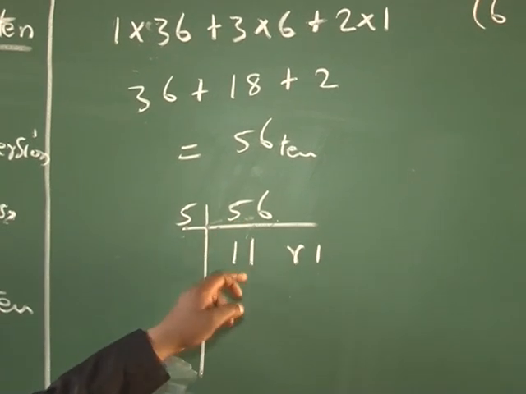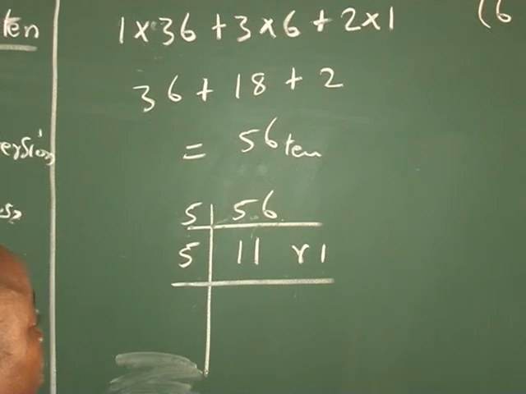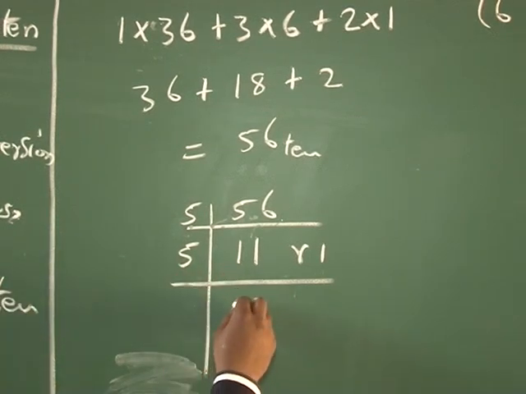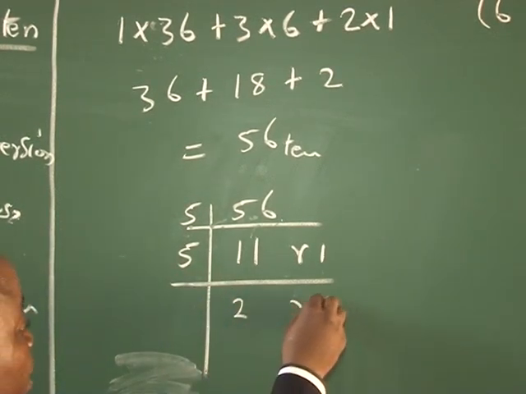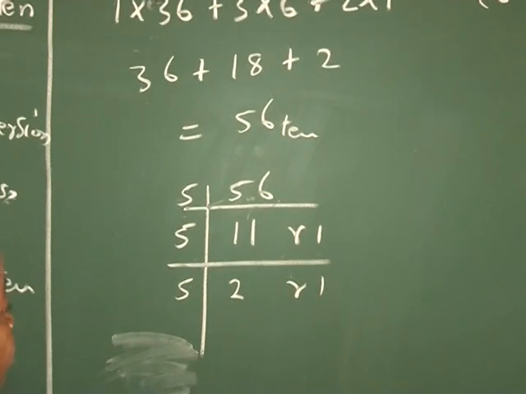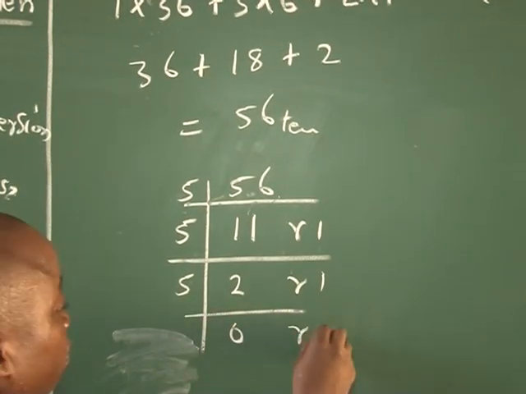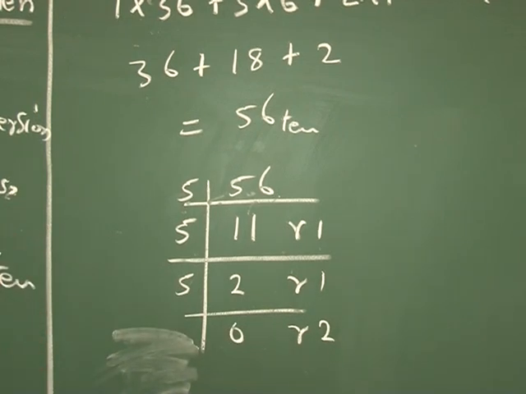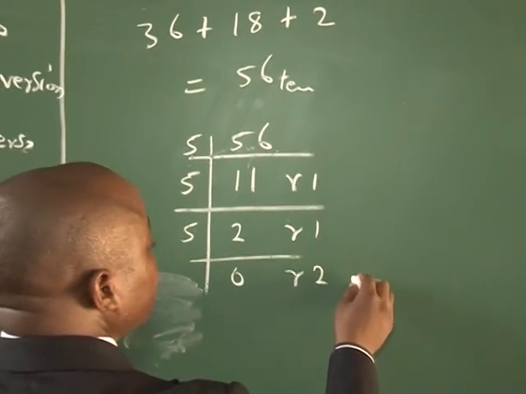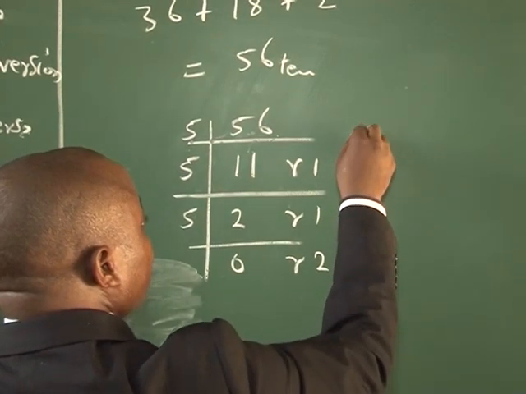Now 11 divided by 5 is 2, remainder 1. Now 2 divided by 5 gives us 0, remainder 2. And when we are converting from base 10 to other bases, we take the results from down to top.